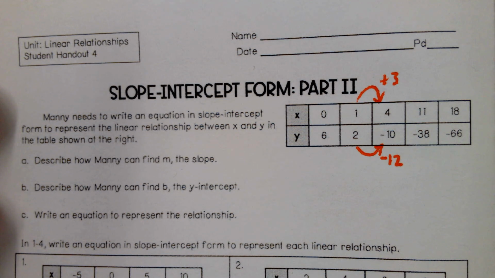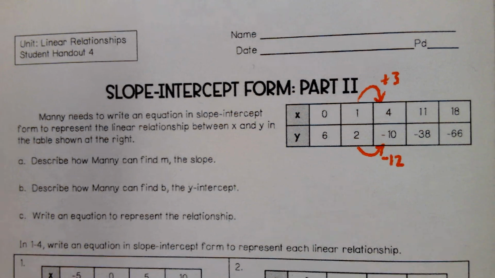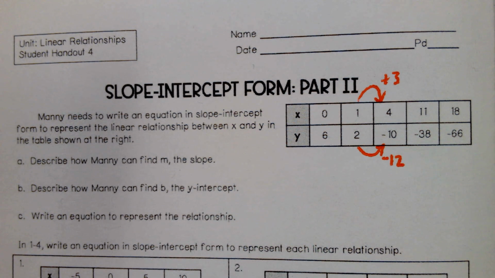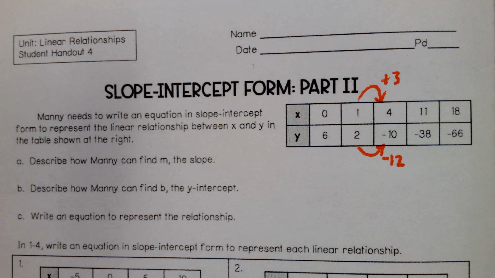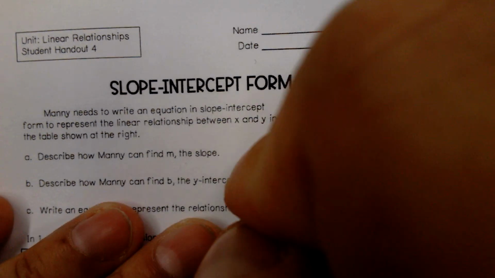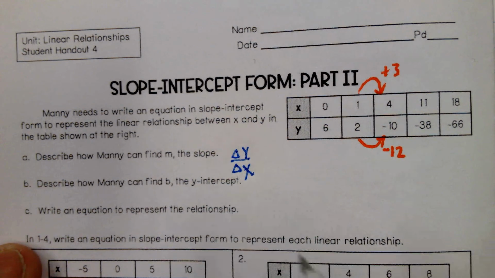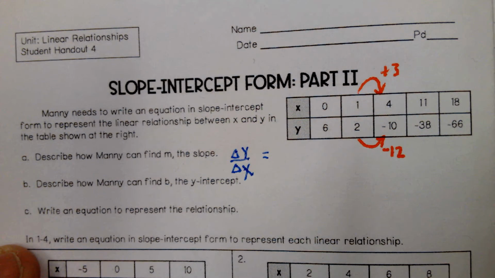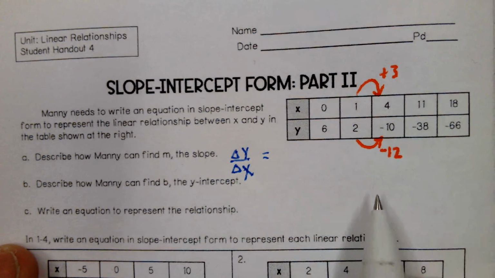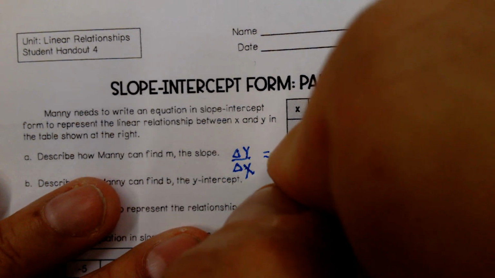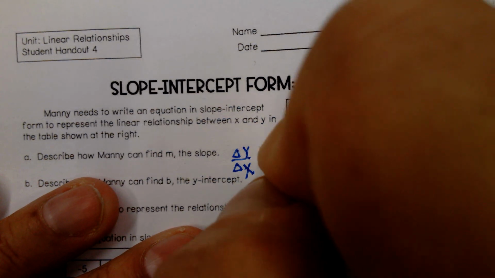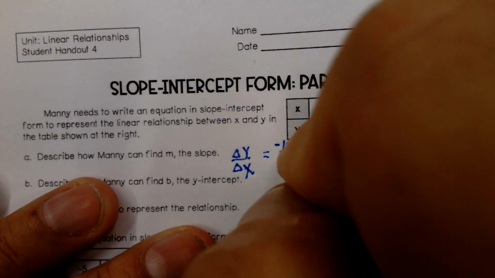Okay, so now what we can do is find the change in the values. We've done this before, it's just been a while. We want to find the instantaneous rate of change, the change in y over the change in x. The change in y was negative 12.